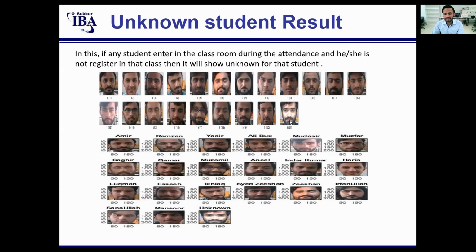So this is image 21, and it is not registered. After recognition, we find that this person is unknown, because this student was not registered while we were training our data set.